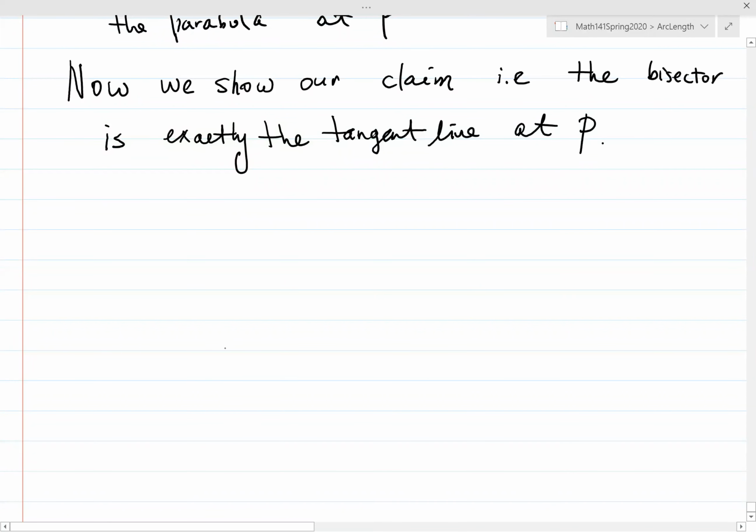We use proof by contradiction. If it's not tangent, then it should intersect the parabola at 2 points. A tangent line intersects this parabola at 1 point with multiplicity 2.